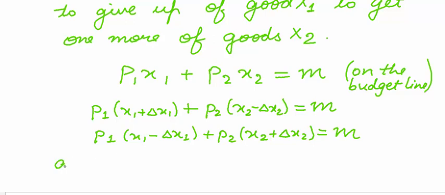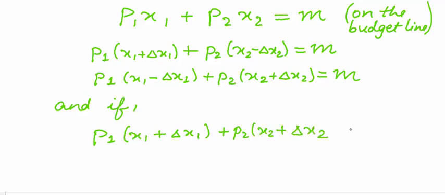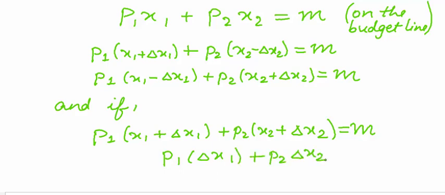And if this is true, then P1 times X1 plus delta X1 plus P2 times X2 plus delta X2 should be equal to M. So we can say that P1 delta X1 plus P2 delta X2 is equal to 0.